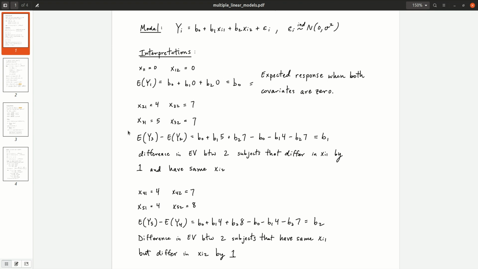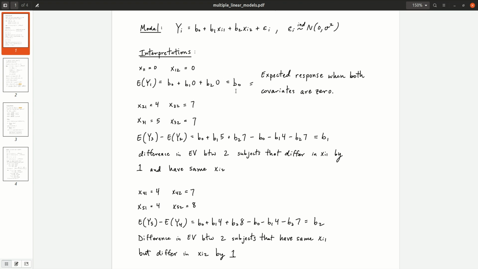So if we look at the expectation of Y1, that's going to be b0 plus b1 x11 plus b2 x12. And if we take x11 and x12 and set them equal to 0, the formula becomes this. So the expected value of Y1 is b0 plus b1 times 0 plus b2 times 0, which of course is just b0.